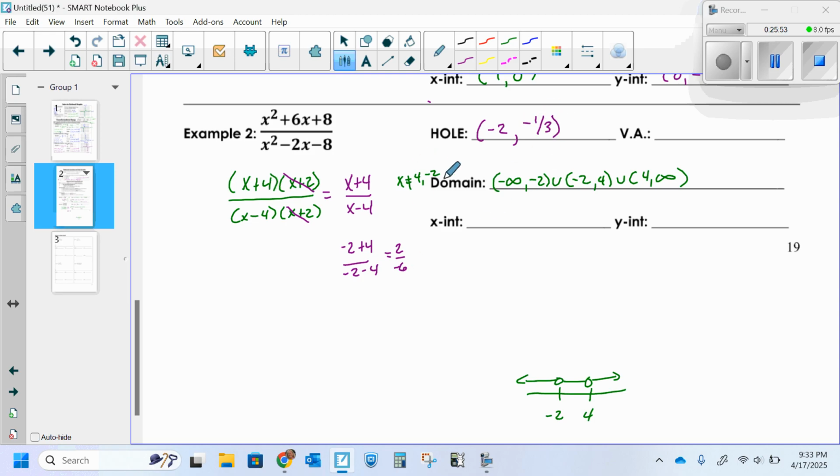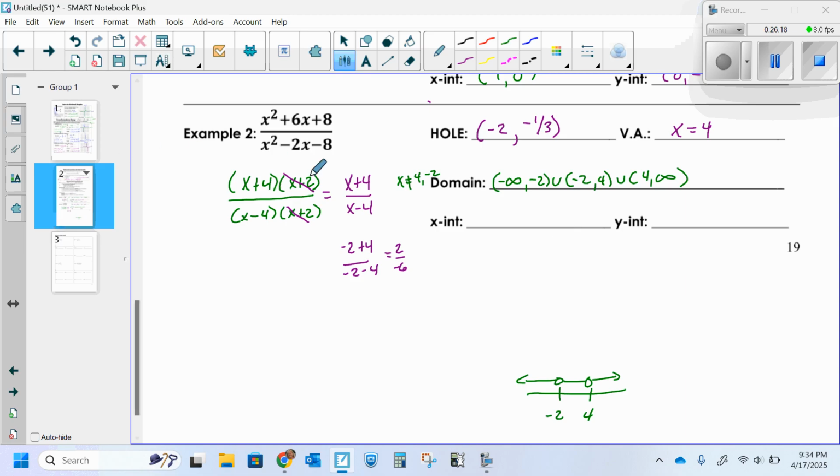So again, I'm trying to figure out what are these places of discontinuity here. I'm going to have a hole at negative 2. And then to find the y value of that hole, you're going to take negative 2 and plug it into your simplified equation. Okay, vertical asymptote is what's left. So you're going to have a vertical asymptote at x equals 4.